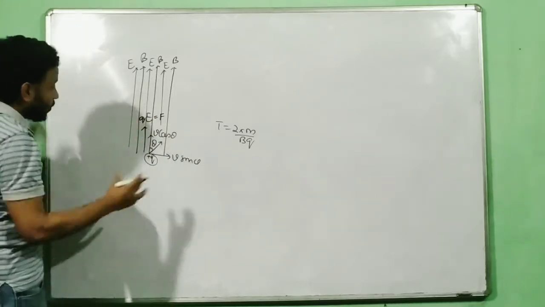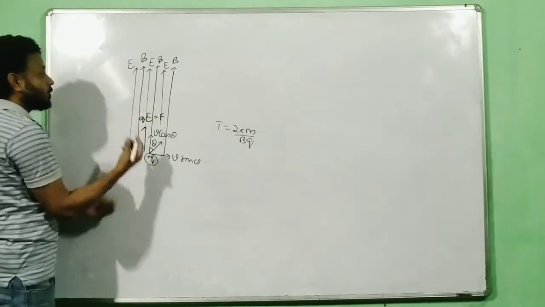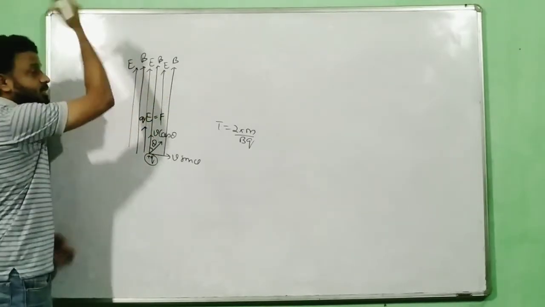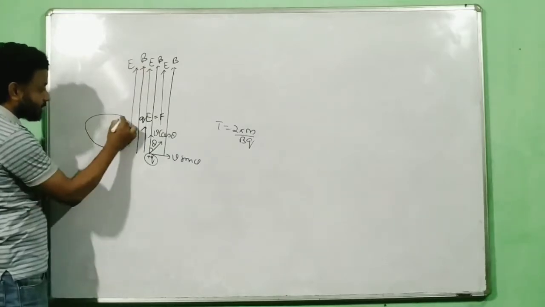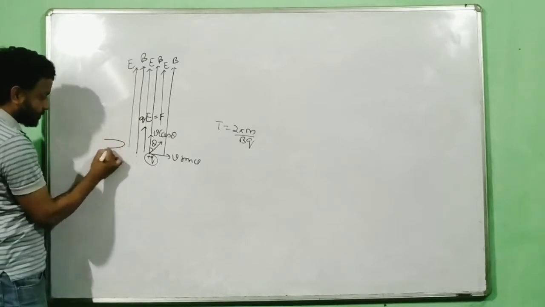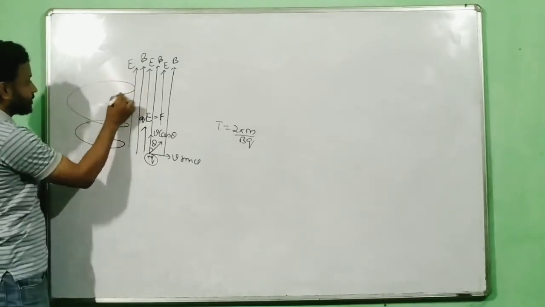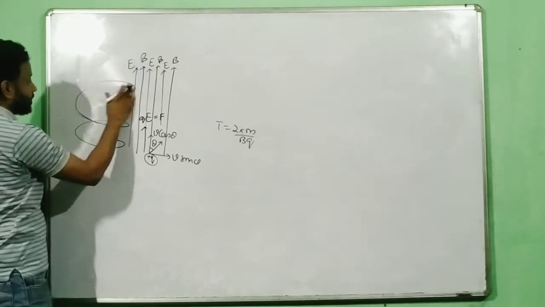So as a whole, because of this entire thing, the velocity along the line parallel to magnetic field will keep on increasing. So because of that, look at here, what happens? This will not go from here. This will go like this only.